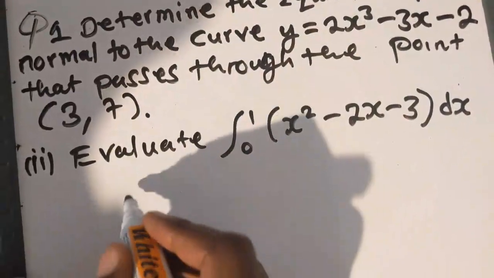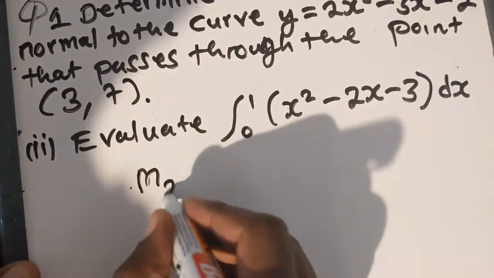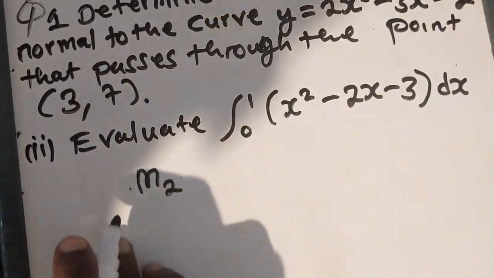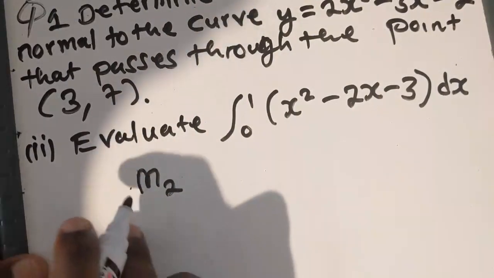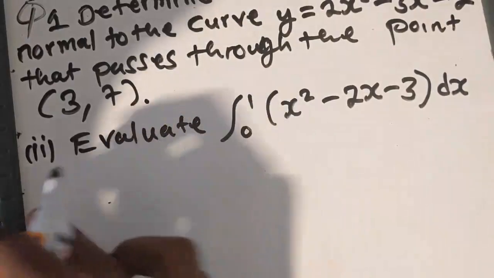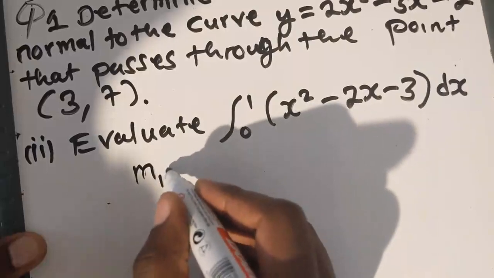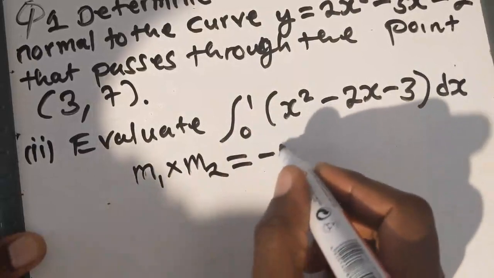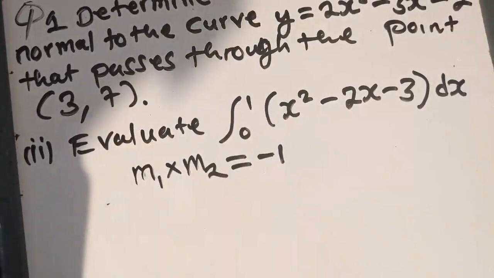That equation uses the gradient m2. And how do you find the gradient m2? You find it by the formula m1 multiplied by m2 is equal to -1. This is what you are supposed to do.